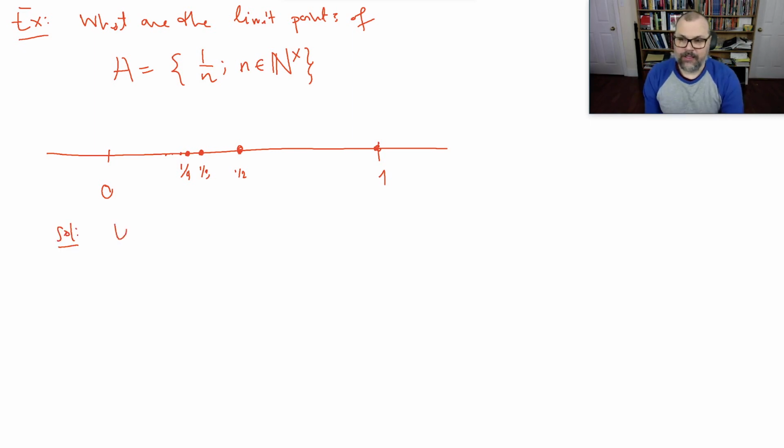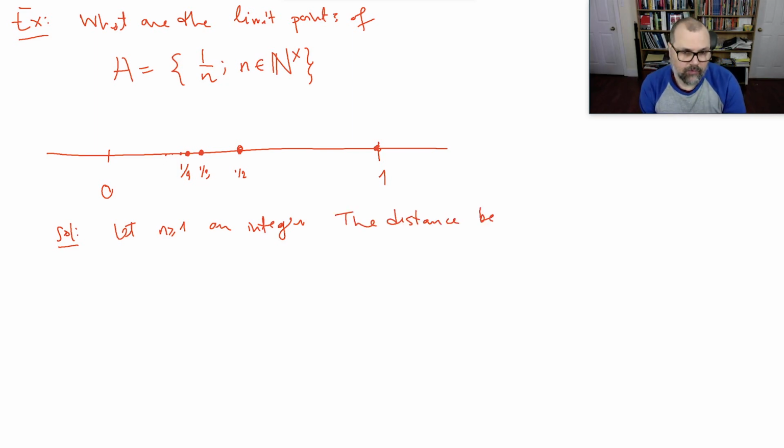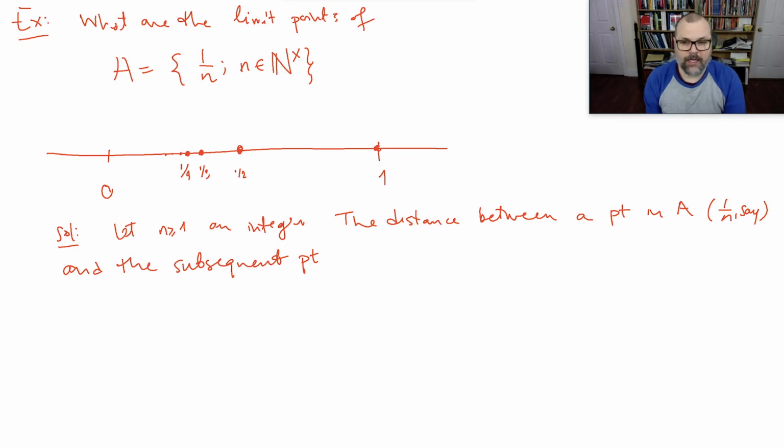Let n be any integer. The distance between a point in A and the subsequent point. So perhaps this point in A here would be 1 over n, say, whereas the subsequent point in A would be 1 over n plus 1, say.